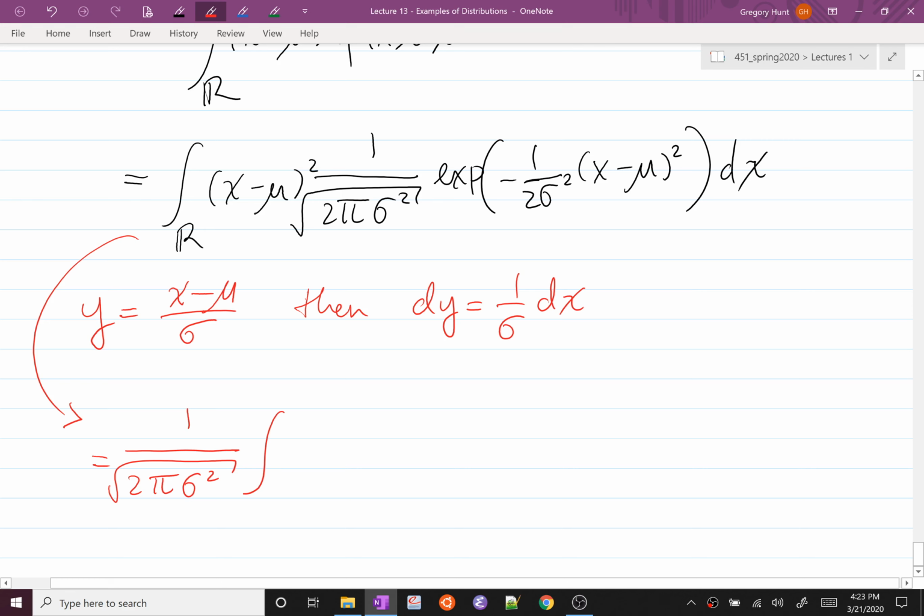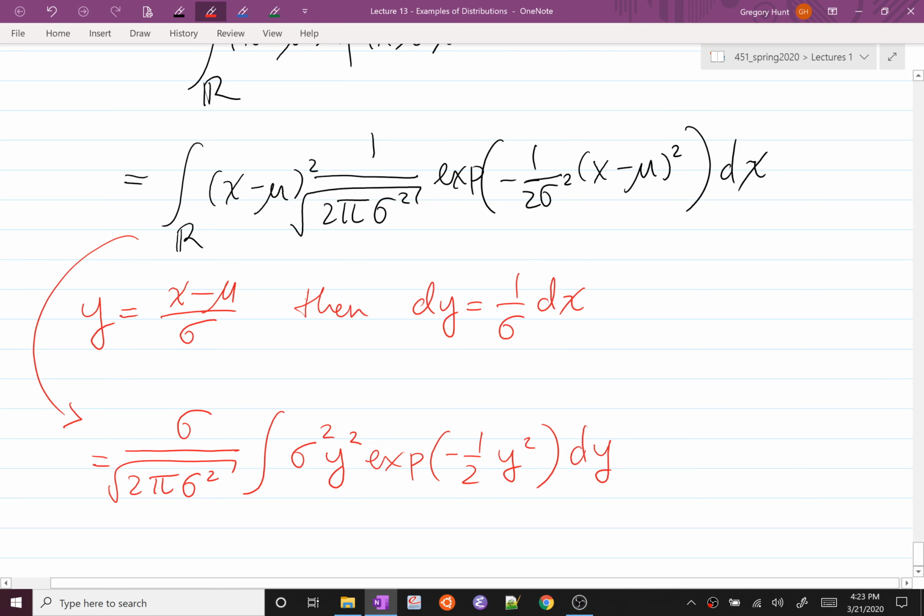(X minus mu) squared is almost y squared, but I actually have to add an extra sigma squared. So this is sigma squared y squared. And I still get exp, but now I just get negative 1/2 y squared. And I get a dy times sigma. So I need to throw another sigma out front here.